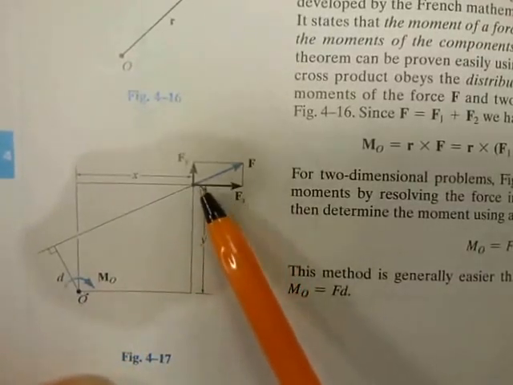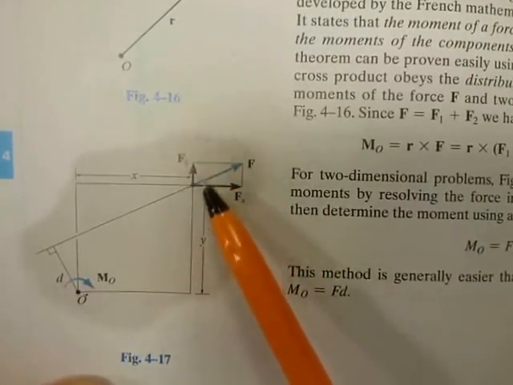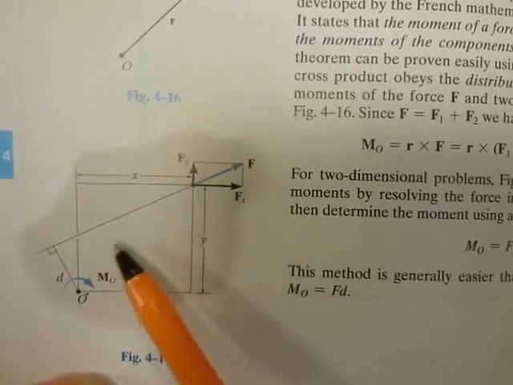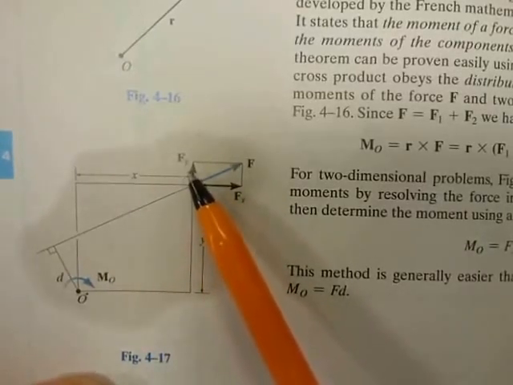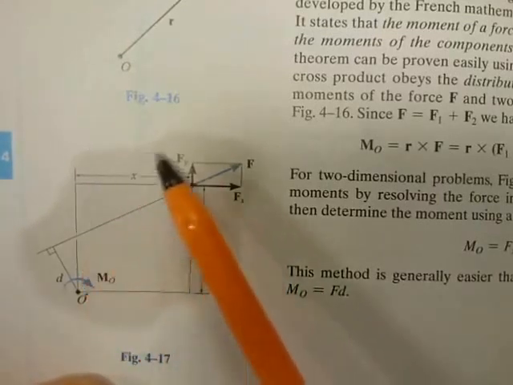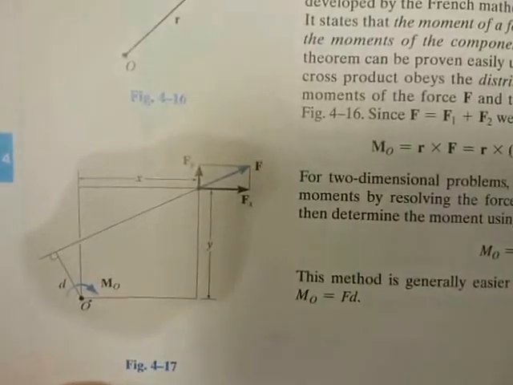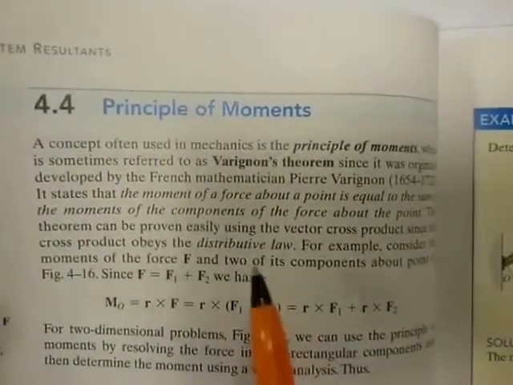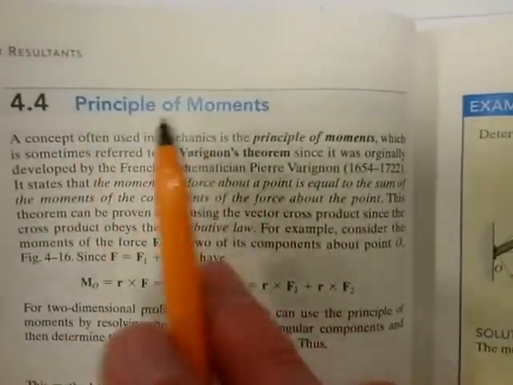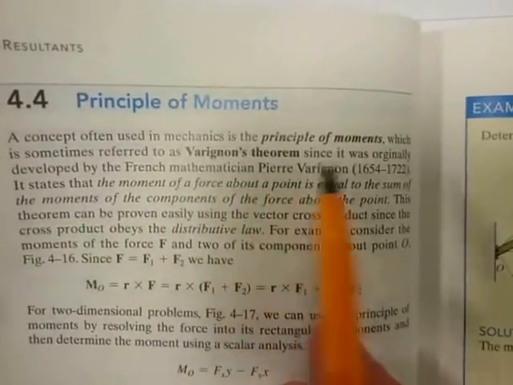Then what we can do is break this force up into horizontal and vertical components, calculate the moment due to each force, and add them, and we get a resultant moment. So this is known as the principle of moments. It's also called Varignon's Theorem.